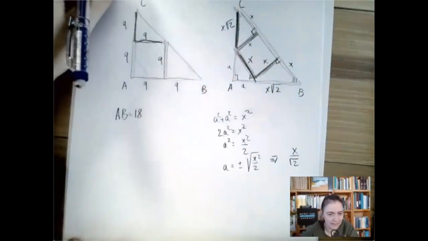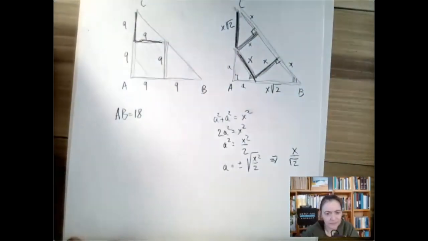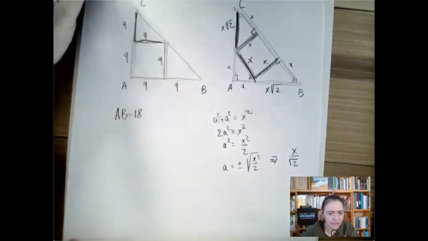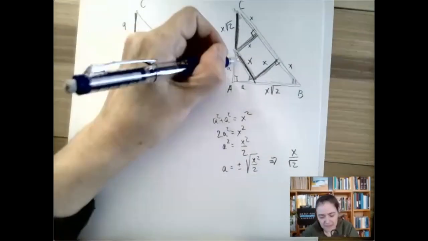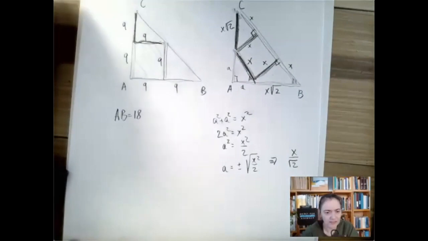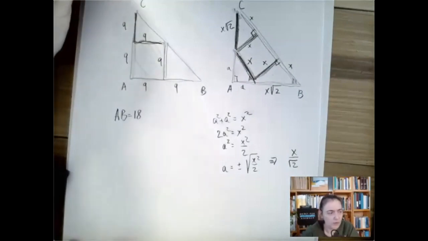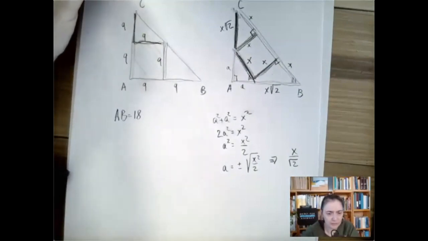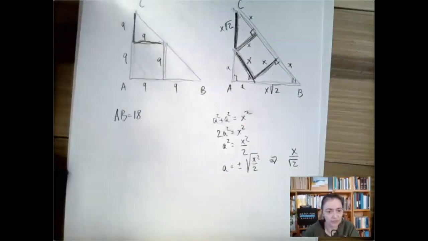I already knew that because after a while you get used to it. It's multiplying or dividing by square root of 2. Square root of 2 is 1.4. That's bigger than 1. So if you have a number bigger than 1, multiplying a number by it will grow that number, and dividing it will shrink that number, like 2 or 3, right?